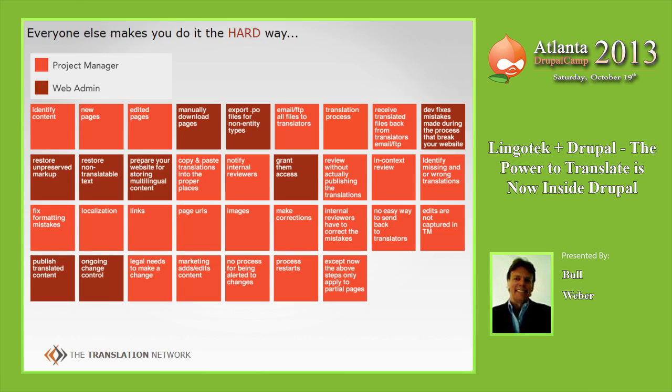So the legacy process, if you think about it, looked something like this. All of these steps are part of the process. If you think about it, these are all administrative steps that really have nothing at all to do with translation. Translation happens here, but only after new pages, edited pages, downloaded pages, exported files, emailed out.